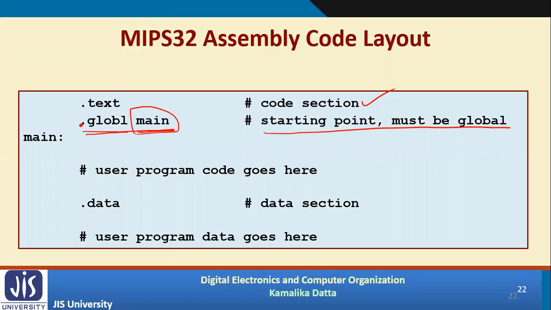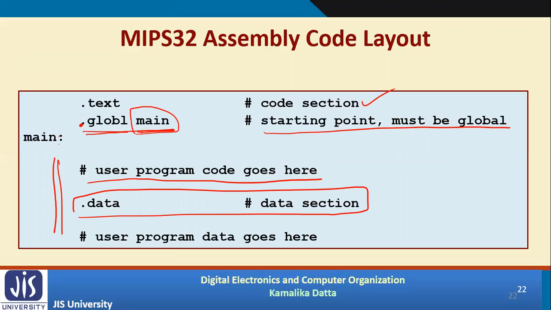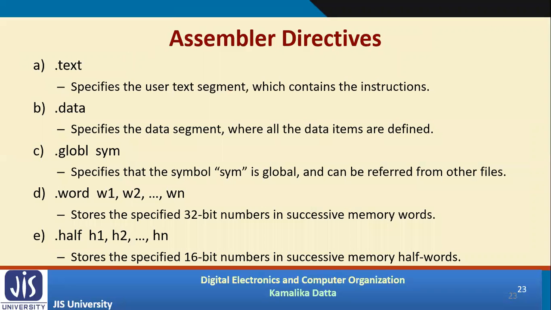And now under main colon, we write the program. This is where we write the user program. One part is the data section, and another part is the program, the text section. So these are some of the assembler directives, that is .text, the user text segment which contains the instructions.